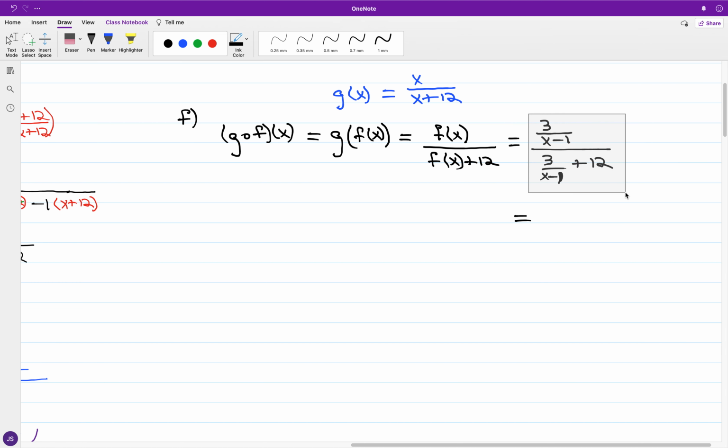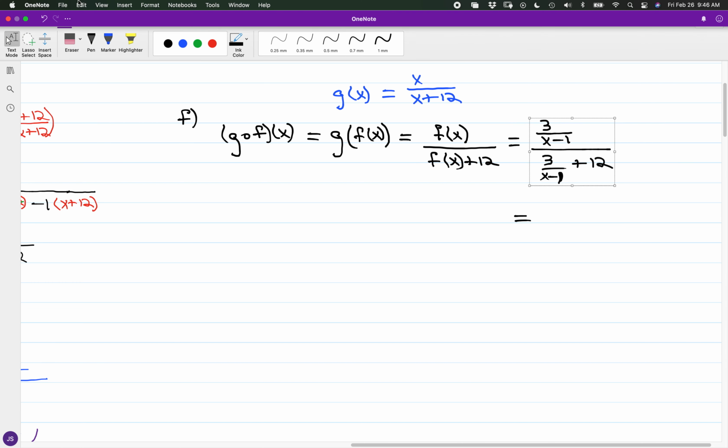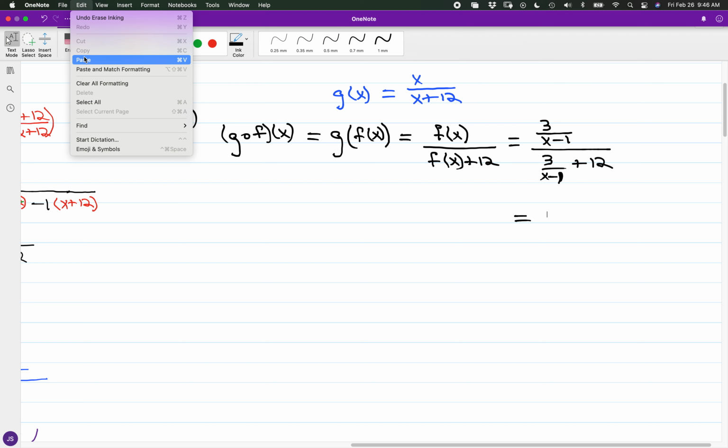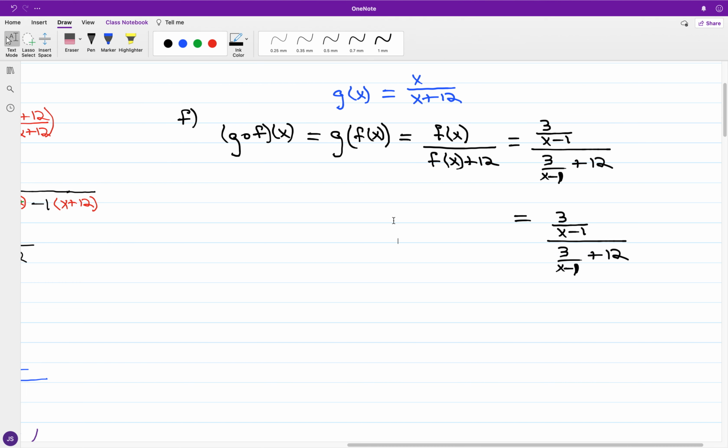You just have rewriting this ratio. I'm going to multiply this ratio by 1 in the form of x minus 1 over itself.